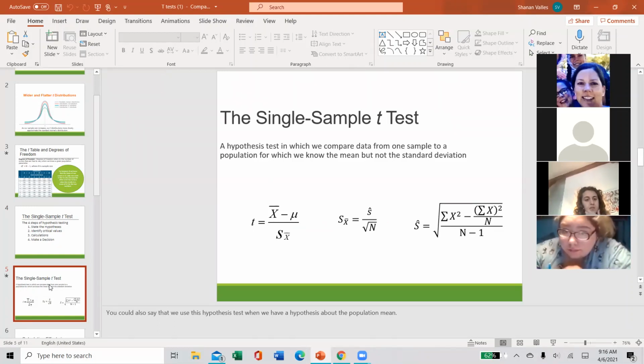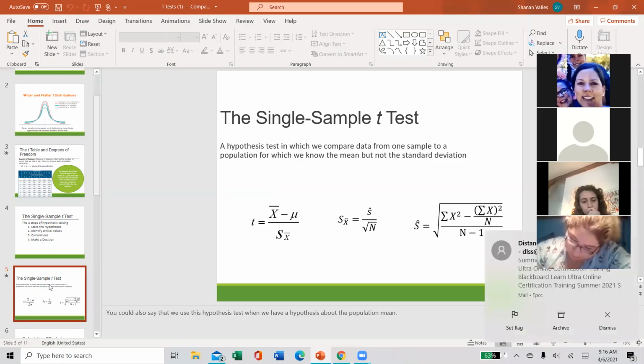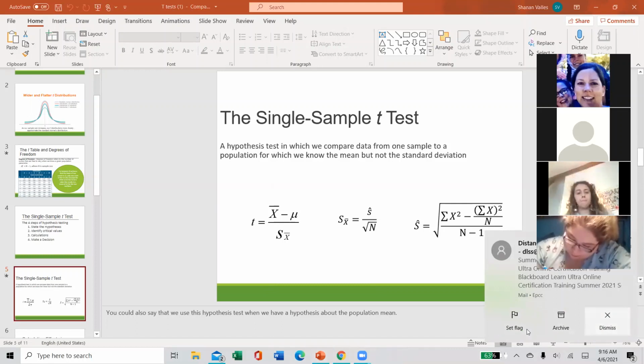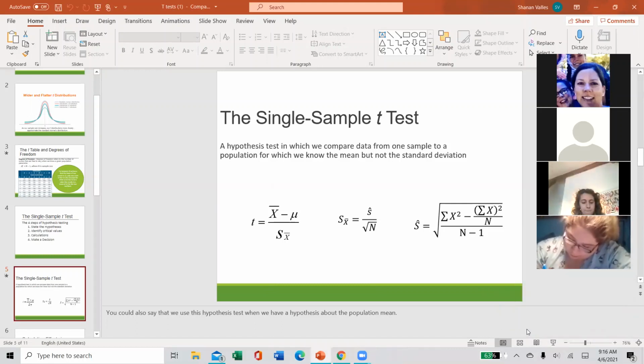So this is step 3, ultimately. These are the formulas that we'll be using in step 3. We have 3 formulas. These 2 here are going to give us numbers that are needed to calculate our t.